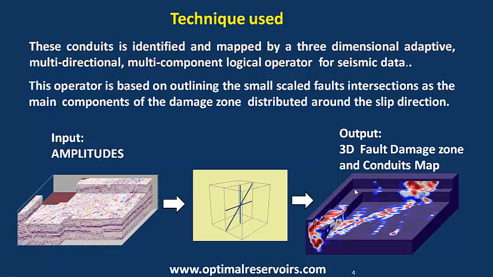The dark blue is where intersection is absent, and red is the highest number of fracture intersections along a shear zone.